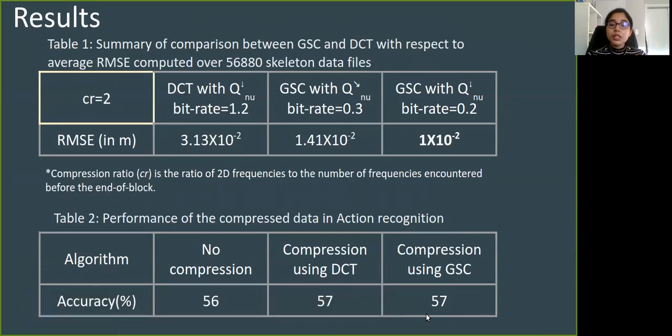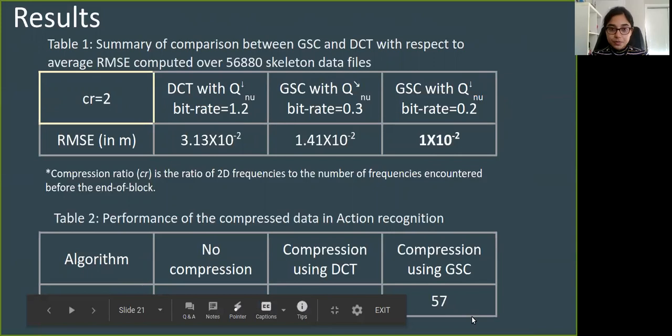This is probably because the noise is reduced in this signal, because we are cutting off the higher frequencies, or quantizing the higher frequencies more, and that's why we are achieving a little better result in this case.